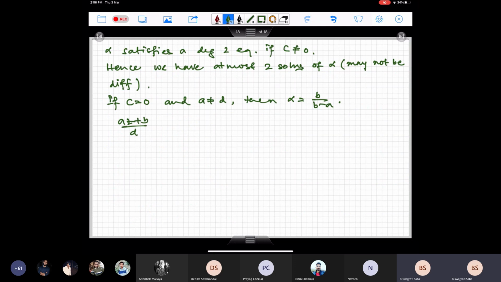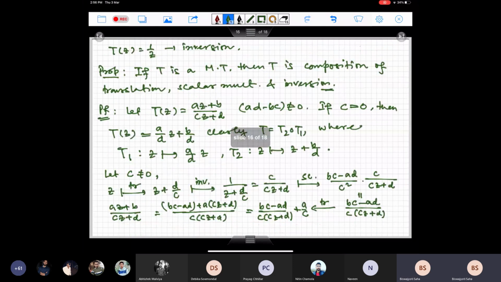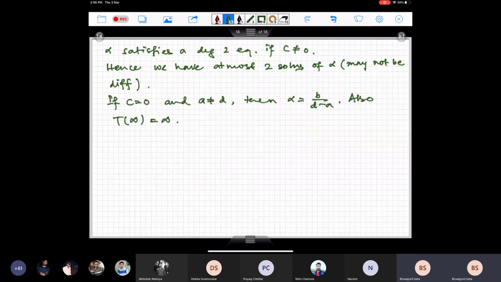So that is A by D Z plus B by D. So alpha is equal to B by, sorry, here I have written something wrong, B by D minus A. So that's my alpha, and also T of infinity is equal to infinity. This you can check just by substituting, because the image of infinity should be A by C, C is 0, so therefore T of infinity is equal to infinity.